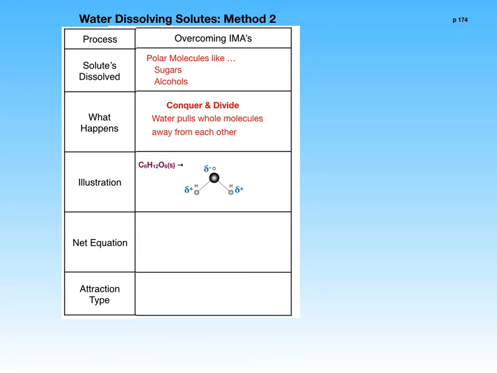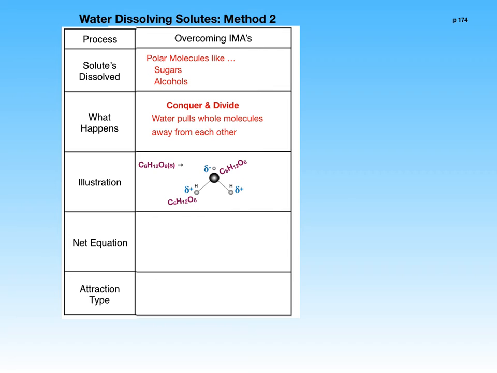Each individual molecule of glucose remains intact, but the polar negative side of water pulls on a glucose molecule and yanks it away from the sample, and then the polar positive side of water pulls on a different molecule and pulls it away from the crystal collection of the sample.